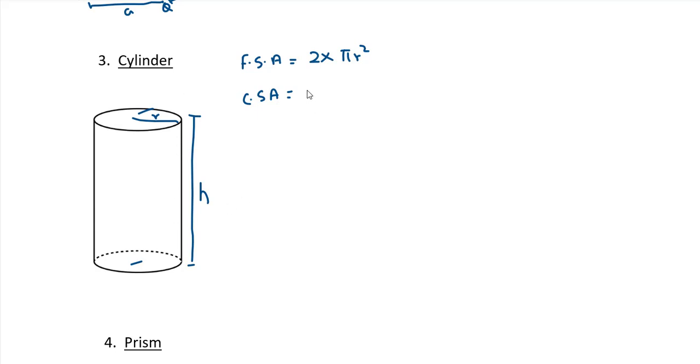So the perimeter of the base will be same as the perimeter of the circle, which is given by 2 pi r. Let me first write it as perimeter of base into height h. So the perimeter of base in this case is 2 pi r into height h.